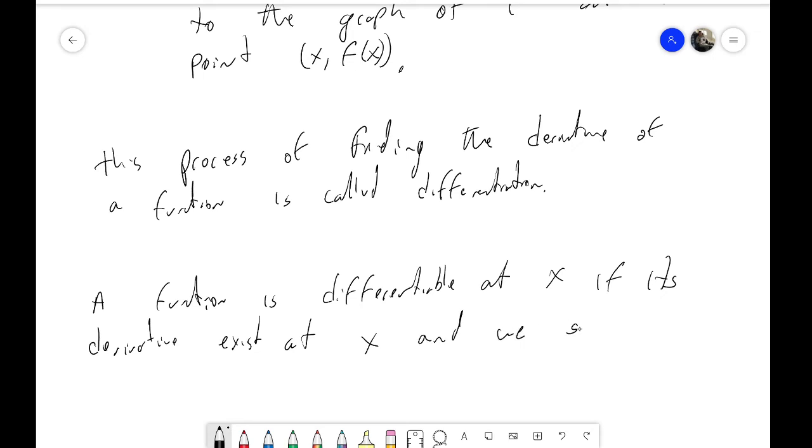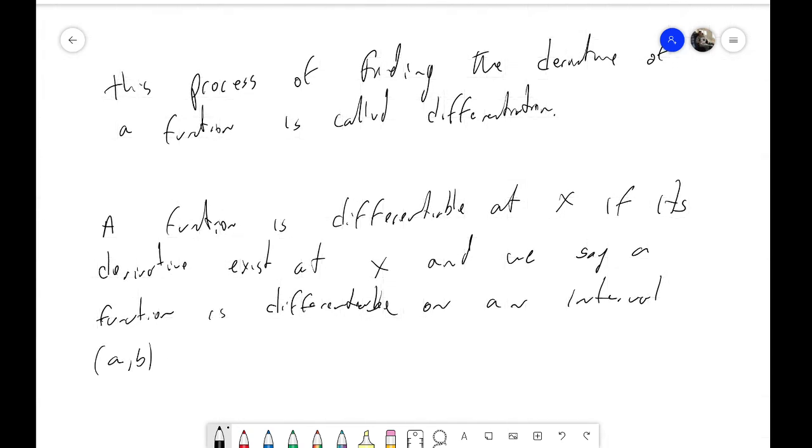And we say a function is differentiable on an open interval a, b, if the function is differentiable at every x in that interval, if the function is differentiable for all points on that interval.